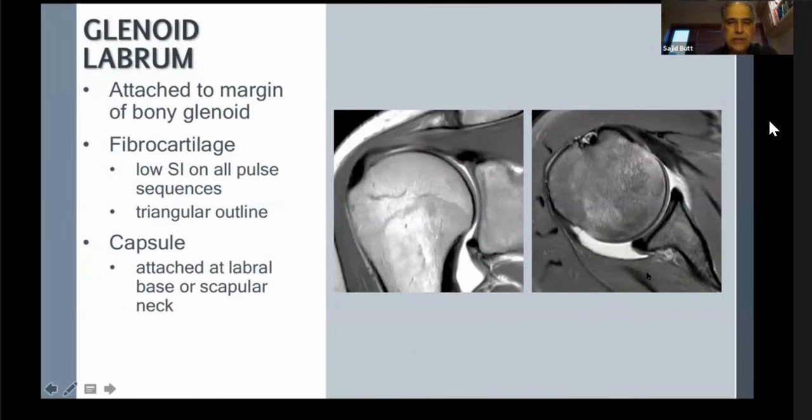So here we can see in the coronal image, we've got the fibrocartilage here, and we've got the fibrocartilage there. And in the axial imaging, we can see the fibrocartilage here and the fibrocartilage there. If you do an ultrasound, as I told you yesterday, the fibrocartilage would be echogenic, which is the opposite appearance to MR.